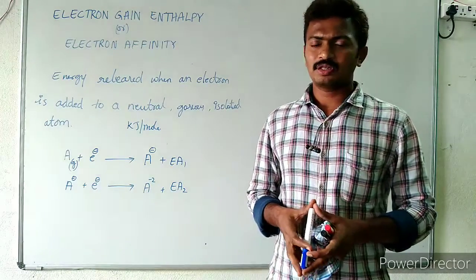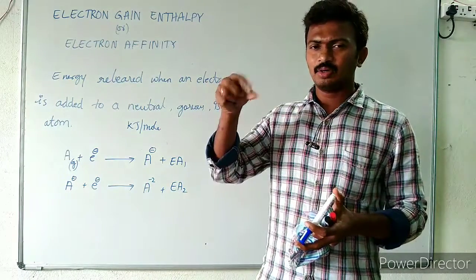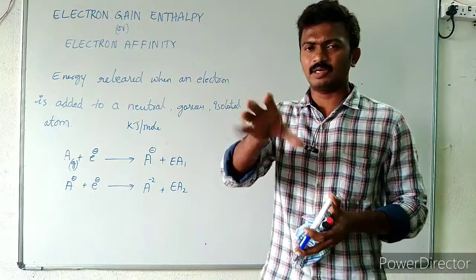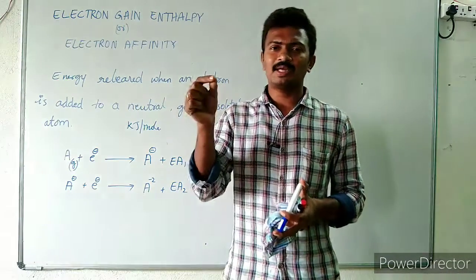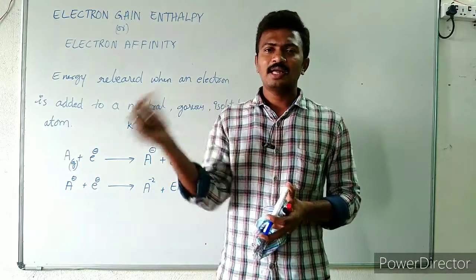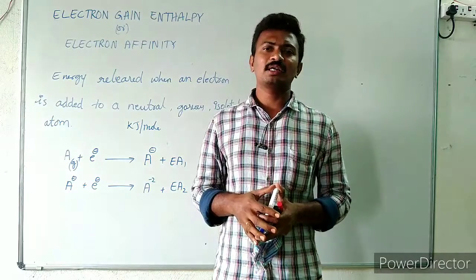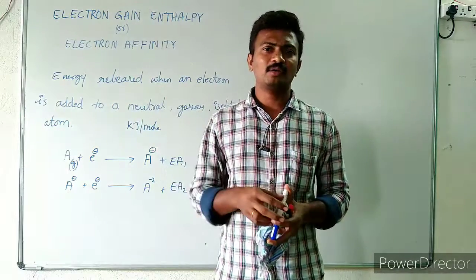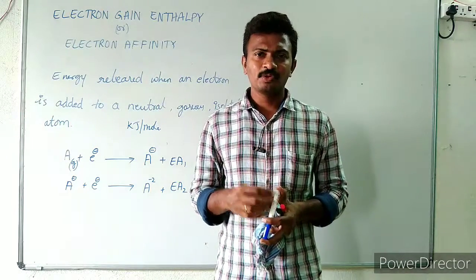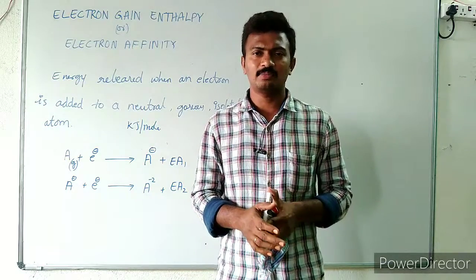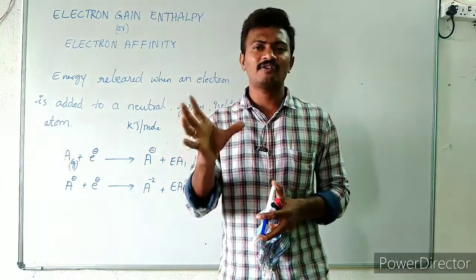Why? Because by the addition of a second electron, an electron is already there, so that species will be rich in electrons. There will be a repulsion between the incoming electron and the already existing electron. Due to that repulsion, the addition of a second electron will be somewhat difficult, so the liberation of energy will also be less, because there will be somewhat less affinity.